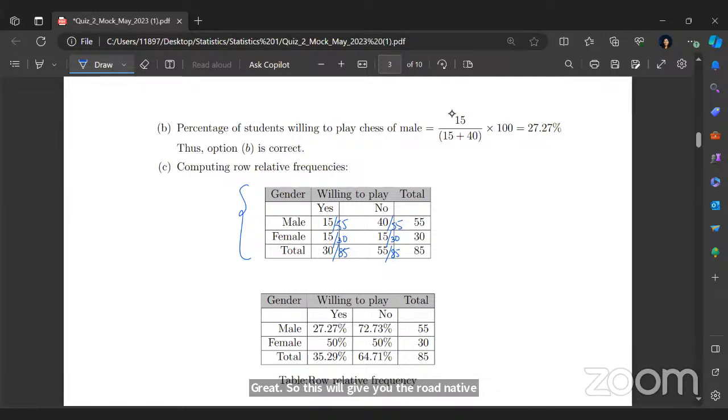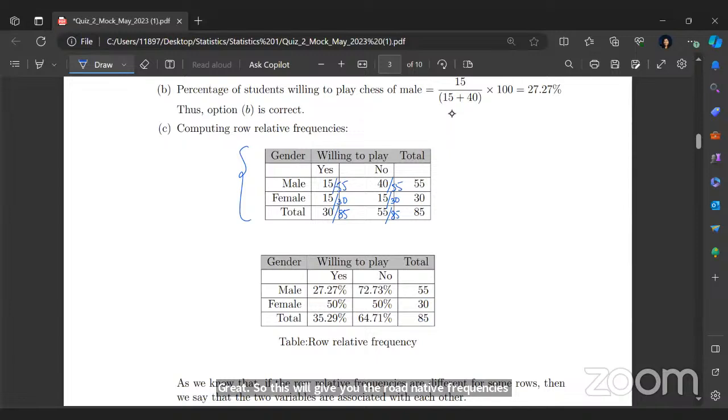Now, if we find that, we see that this turns out to be 27.27, roughly, and here it's roughly 73%. In the second row, you have 50-50, and in the third row, you have 35 and 64-65 approx.